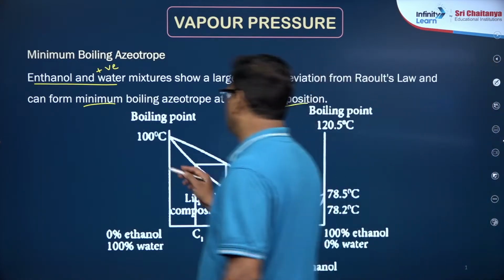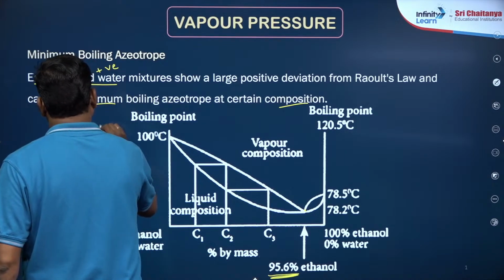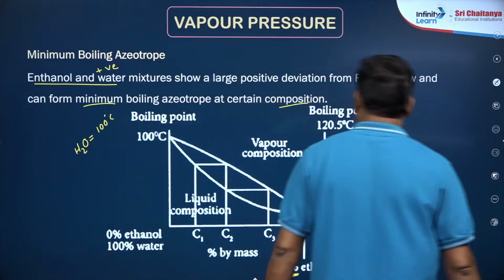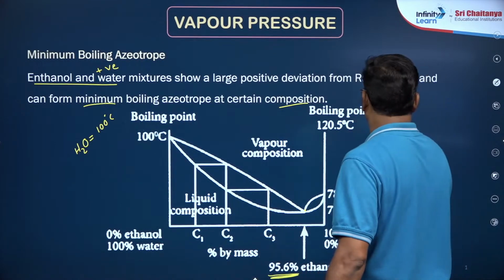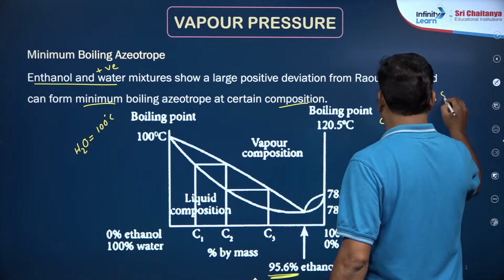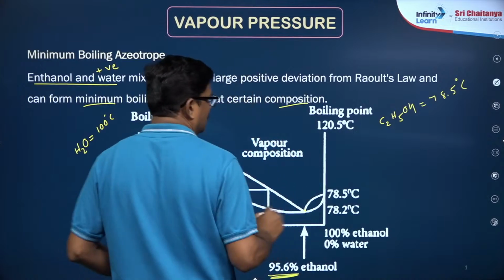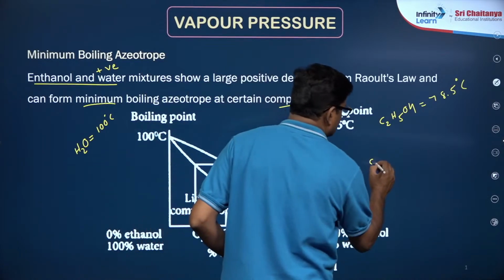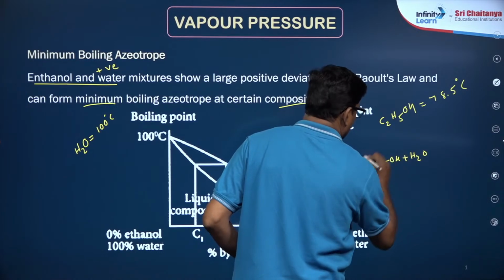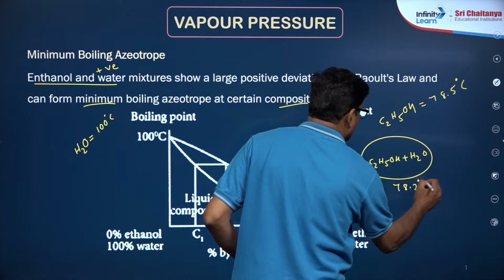Water boils at 100 degrees. And ethanol boils at 78.5 degrees centigrade. When you take ethanol plus water, the total mixture boils at 78.2 degrees centigrade.